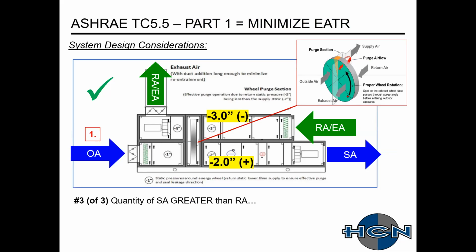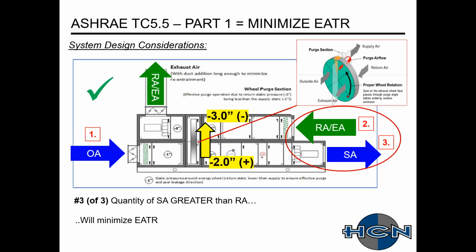Item number 3, to help with minimizing exhaust air transfer ratio, is they'd like the supply air quantity to be greater than your return air. These are the 2 values once again shown here. And then they didn't give a qualification of how much it would reduce it, just the words minimize exhaust air transfer ratio.